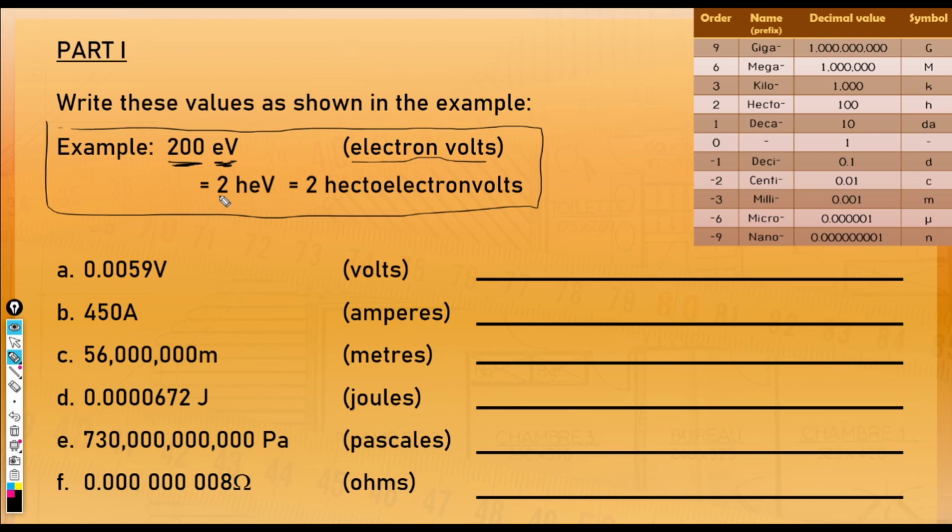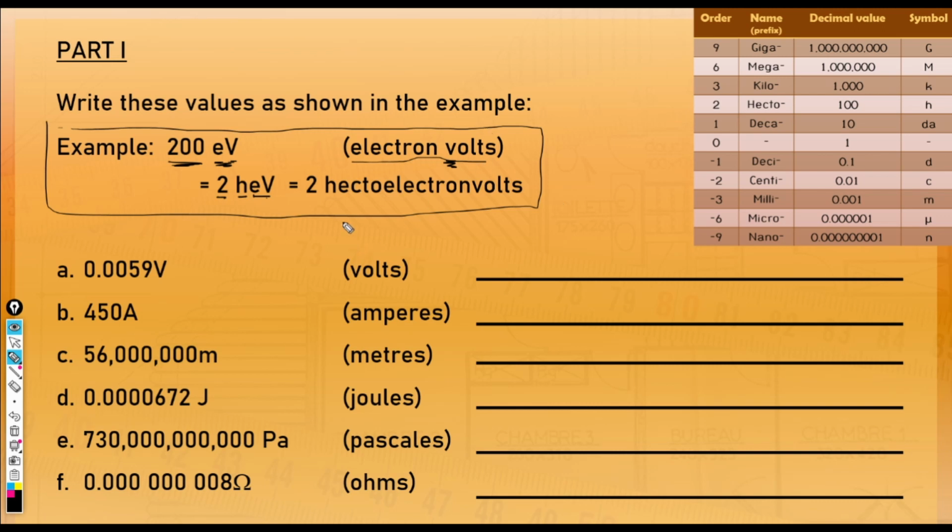And you can see there that we write 2H, small h for hecto, and then eV is small e, capital V, because V for volts is a capital letter because there was a scientist called Volt. However, notice that when we write out the unit, it still has a small letter because the unit itself doesn't have a capital letter.